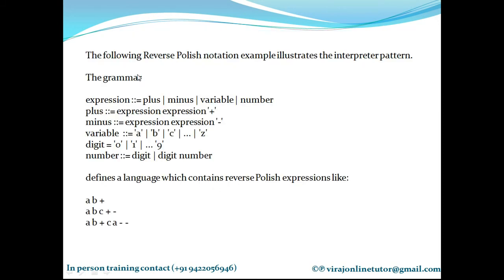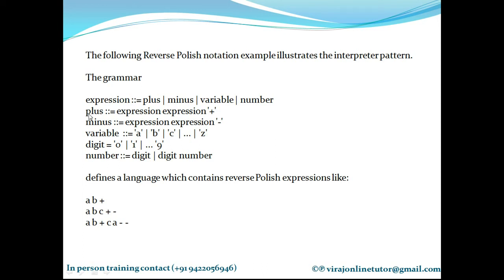So this is a simple example of the interpreter design pattern. I have defined a grammar here where expression can be either plus or minus or variable or number. I repeat, expression here can be either plus or minus or variable or a number. Since it is on the left hand side, it's actually a non-terminal.